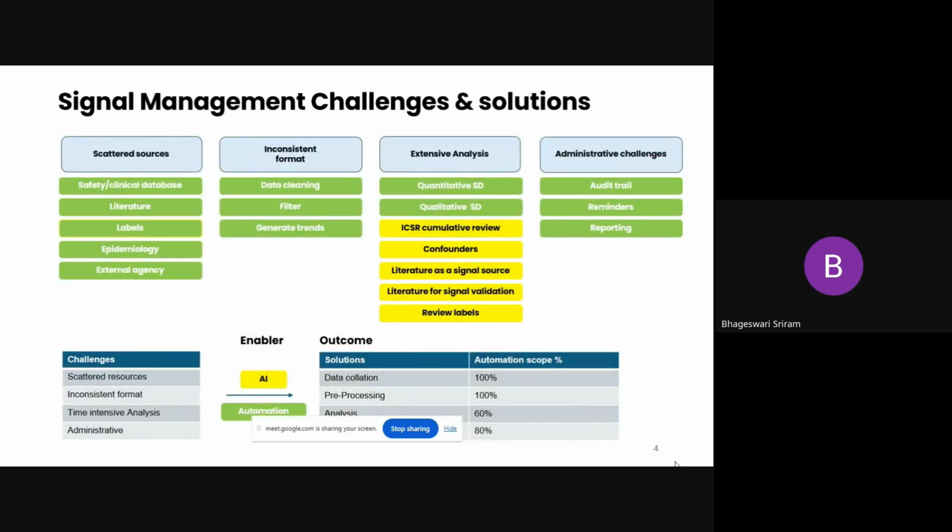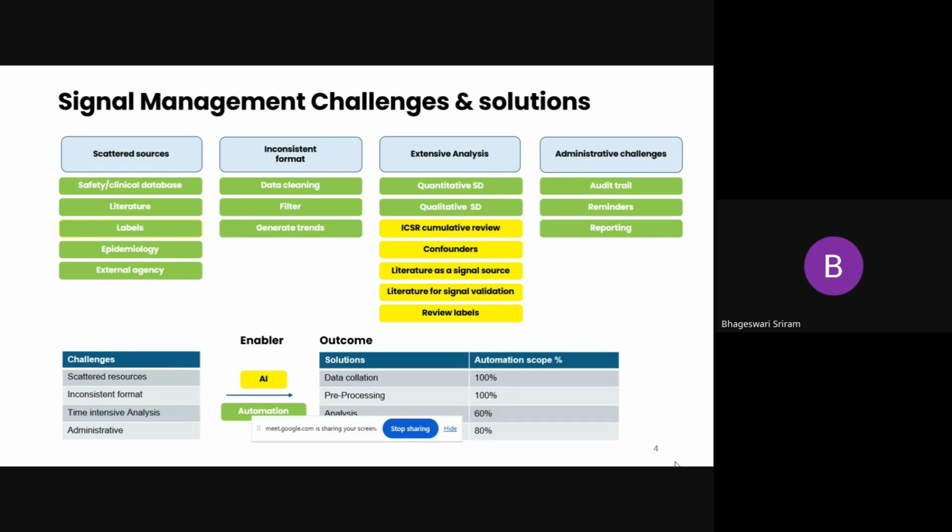Now, let us look at the challenges we commonly face in this overall journey of signal management. The first is the scattered sources. We have to leverage and analyze multiple data from different sources, such as the safety database, literature, label, epidemiology, external agency, adverse event reporting systems like FAERS, and also keep track of the potential risks being evaluated, like the PRAC recommendations.